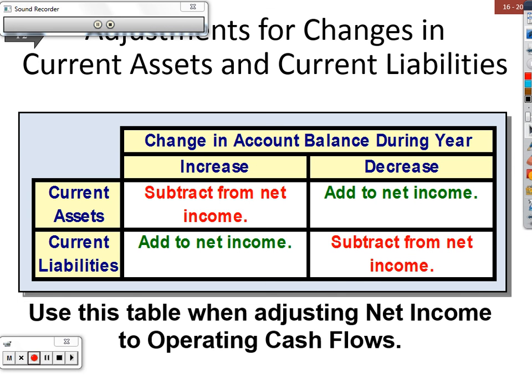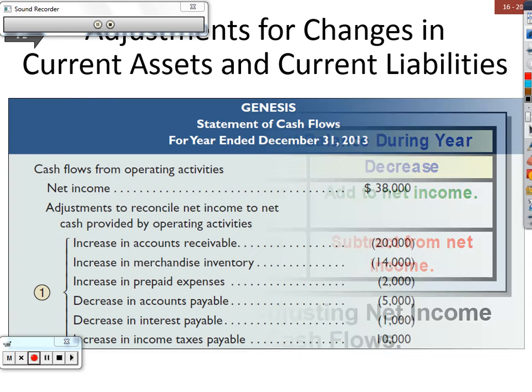Subtracted. So that's why that accounts receivable was reflected negative, even though it said increase, because it's a non-cash asset and we subtract those from net income. Highlight that table or put a little asterisk by it in your book so you know to always revert back to that when you're doing an indirect cash flow statement.